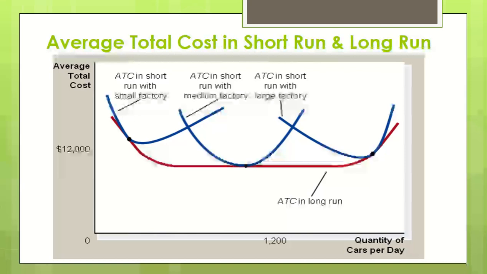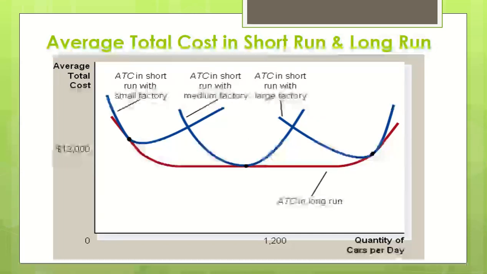The efficient point in these three short-run cost curves is the point where the average total cost is minimum.